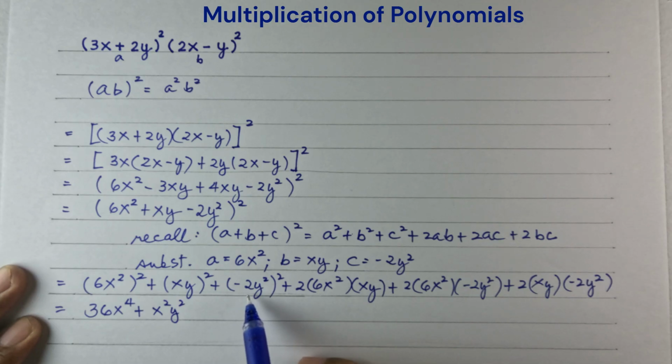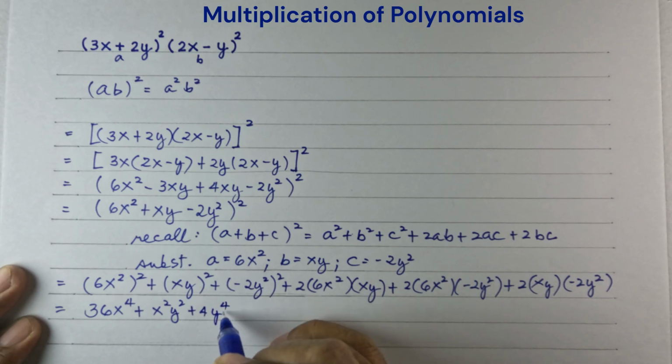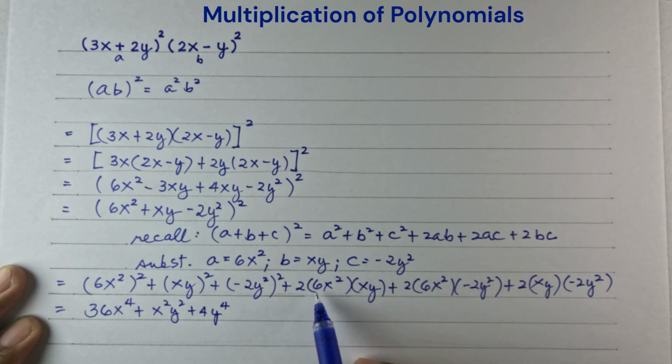The square of minus 2y squared is plus 4y to the fourth. 2 times 6 is 12, so that's plus 12 times x squared times xy, which is x cubed y.